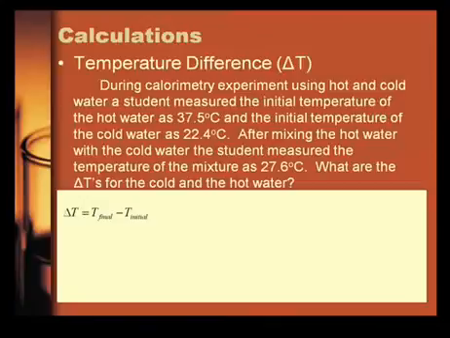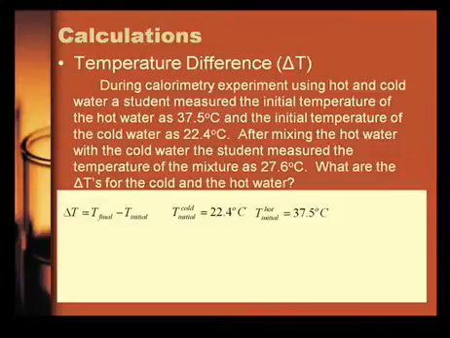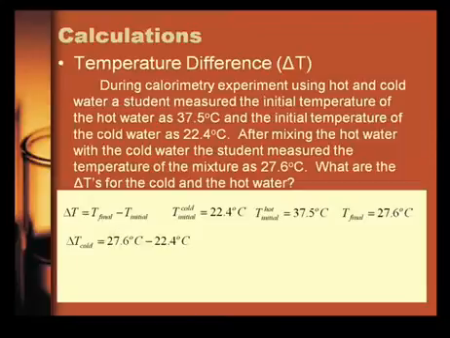Well, delta T is equal to T final minus T initial. So T cold initial is 22.4 degrees C. T hot initial is 37.5 degrees C. T final is 27.6 degrees C. So delta T cold is 27.6 degrees C minus 22.4 degrees C, or T final minus T cold initial, and that is equal to 5.2 degrees C. Significant figures: you're subtracting, so it goes by least number of decimal places.